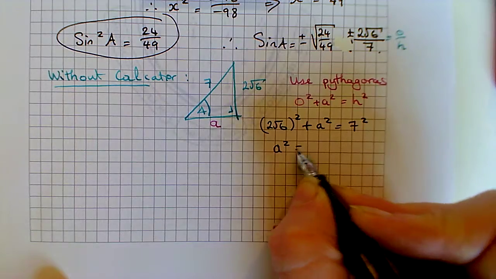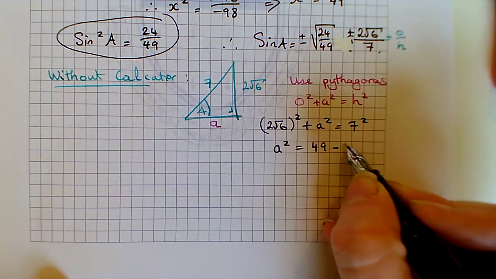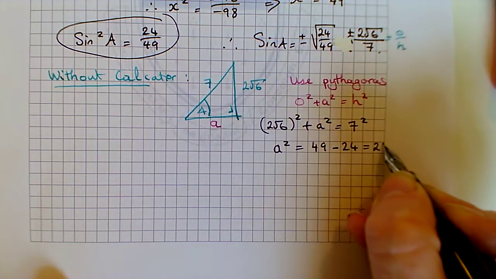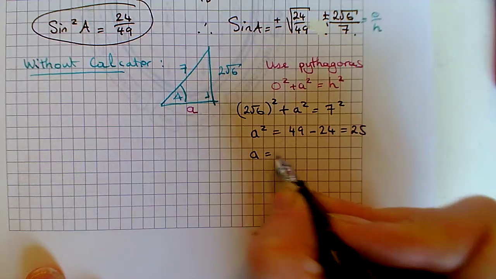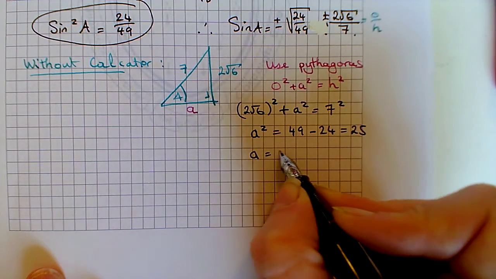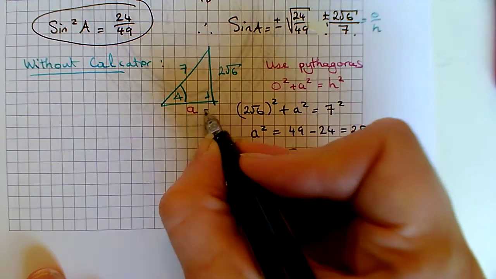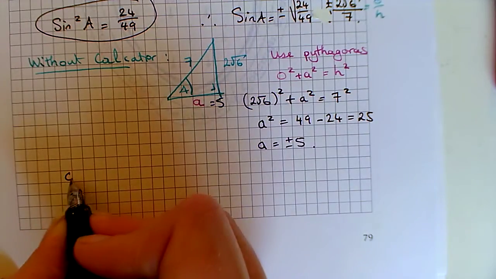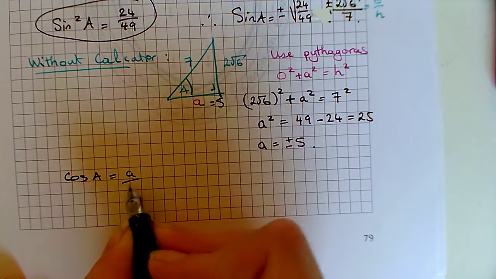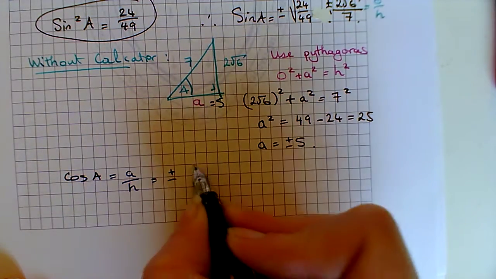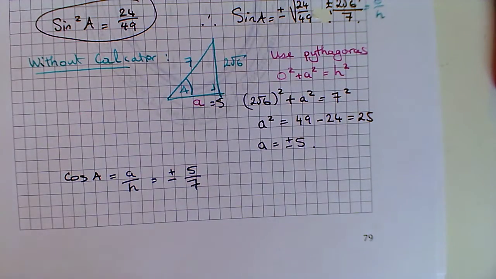So a squared is 49, squaring that out, minus 24, which is 25. So my adjacent is going to be 5, well, plus or minus 5 when I'm doing my cosine. And cosine of my angle is adjacent over hypotenuse, so that's going to be plus or minus 5 over 7. And those are my two values.